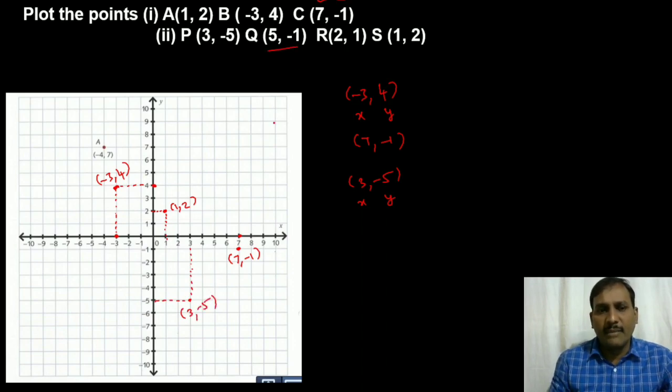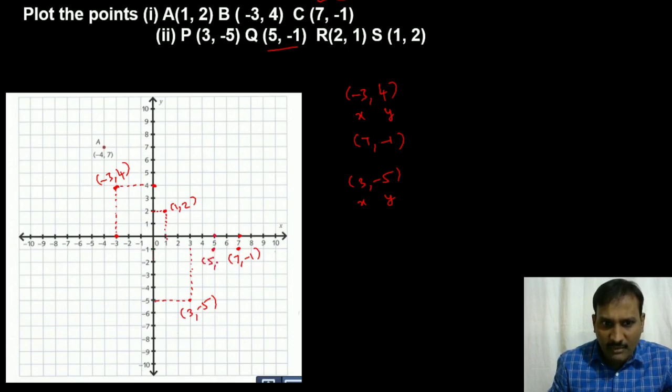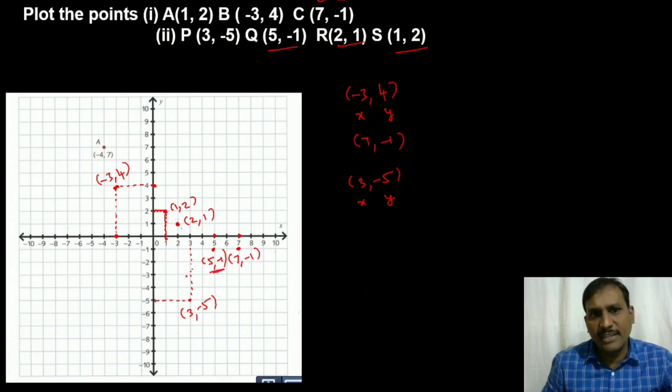And 5 comma minus 1: this is 5 and minus 1 is here. Next, 2 comma 1. x is 2, y is 1. So this is 2 comma 1. Compare with 1 comma 2; these are different points: 1 comma 2 and 2 comma 1. And 5 comma minus 1 we already did.